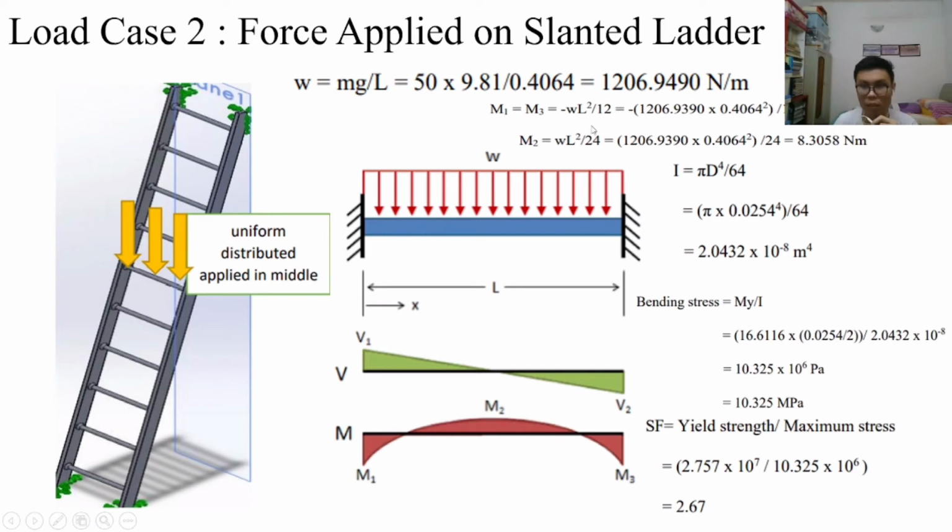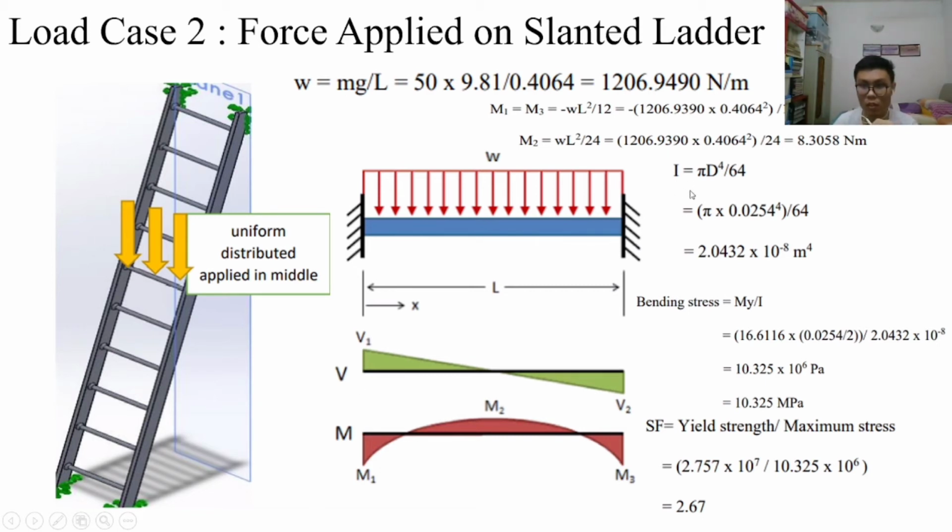But from the formula here, we know that the highest moment is at both M2 and M3, which is negative 16.6116 Newton meter. So this is the most critical part and the highest stress may occur.